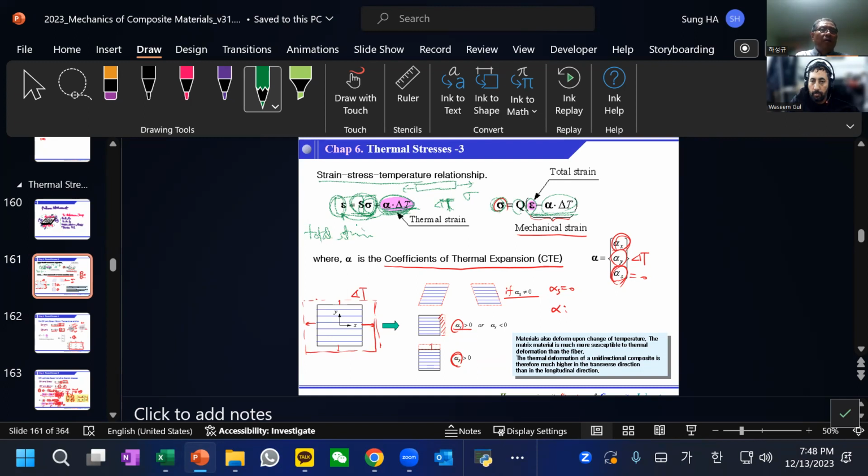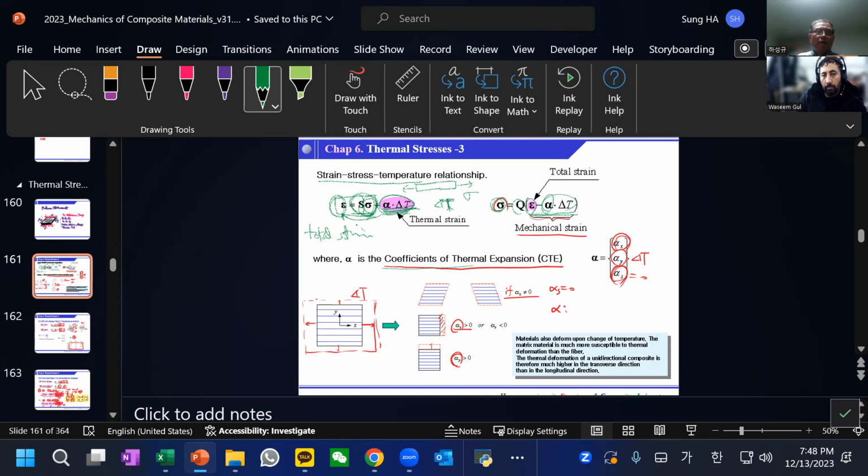Now we have a very important material property. This is alpha, the CTE, the coefficient of thermal expansion. In an isotropic material the value is the same in every direction, but a composite is anisotropic.